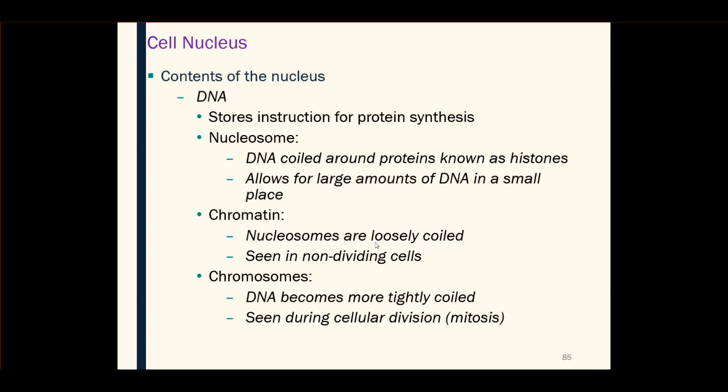When the cell is called to divide and the DNA has to duplicate and then split, we're going to have chromosomes. Here the DNA, the same DNA, becomes more tightly coiled, and we can visualize it under the microscope. And again, we see that during mitosis.